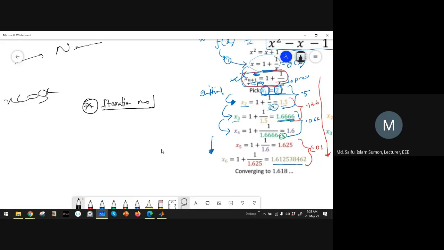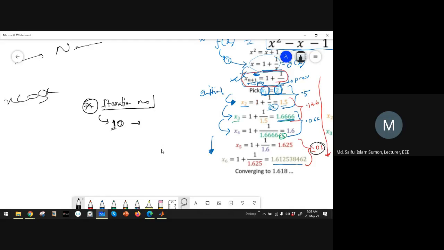This method is not going to be demonstrated in MATLAB, but there are two things we can do. We can specifically mention the iteration number, suppose 10 iterations. At that time I can just look at how the values are changing, nothing else.